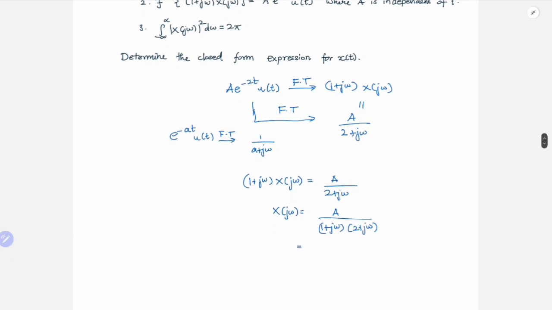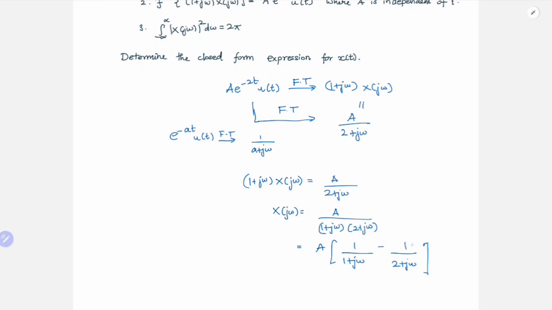Now let us try to get the inverse Fourier transform. For that we have to split the denominator. So we take 1 plus j omega, 2 plus j omega. We need to get 1 at the top when we combine them. So how do we do it? If we put 1, 1 here, then 2 plus j omega minus 1 plus j omega, the j omega terms go away and 2 minus 1 becomes 1.